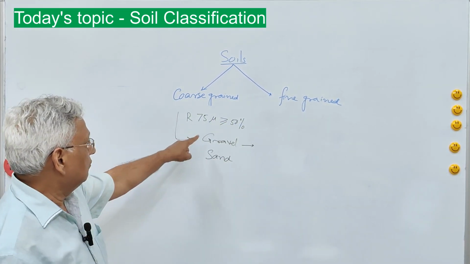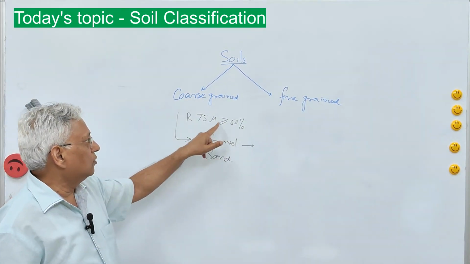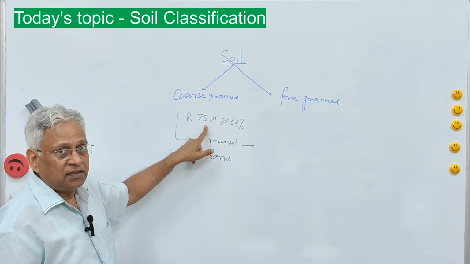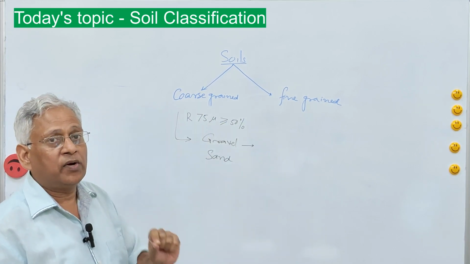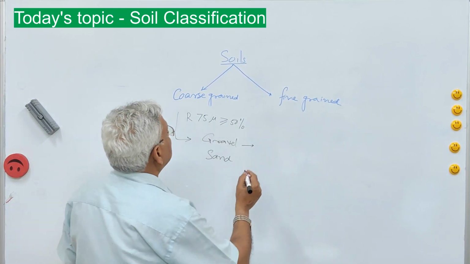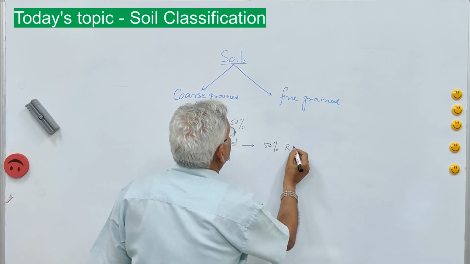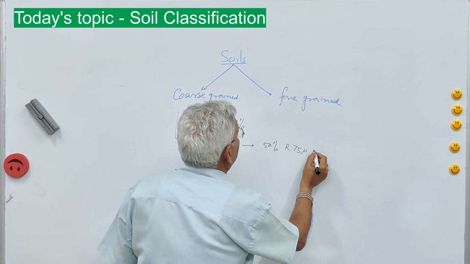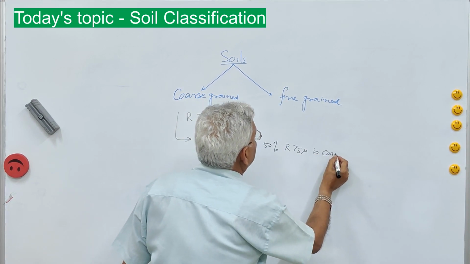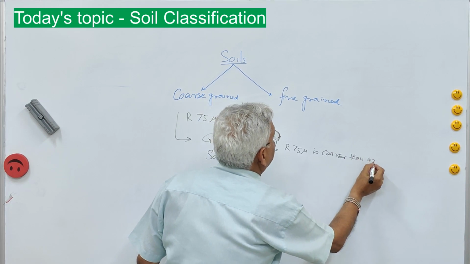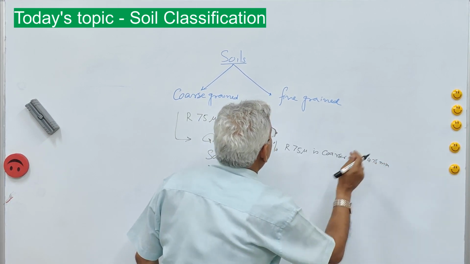When 50% of the material which is retained on 75 micron sieve is coarser than 4.75 millimeter sieve, what does it mean?